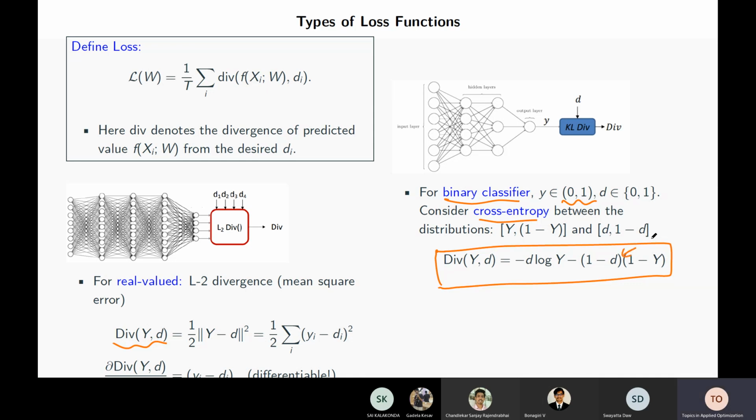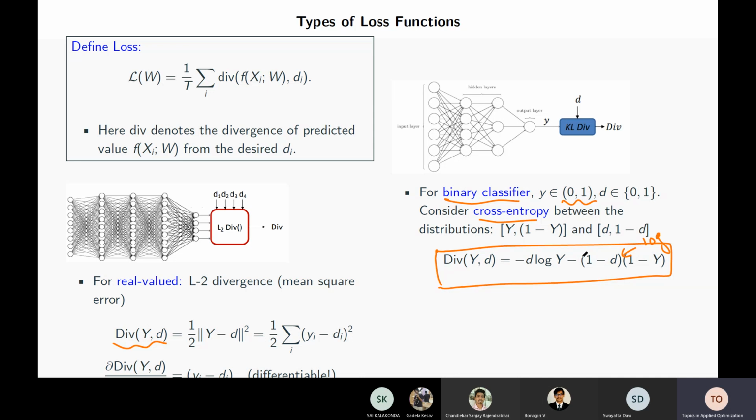Isn't there a mistake here? It should be a log here also. This is the cross entropy loss. As I said, there is a zoo of loss functions, and each comes with its own interesting features.